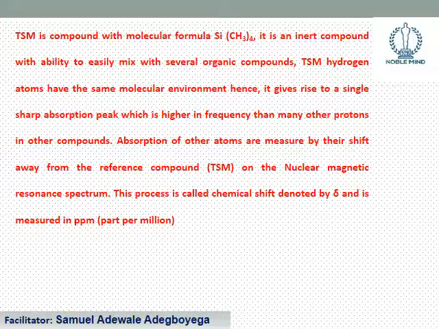Absorption of other atoms are now measured and compared to the reference compound, that is, their shift away from the reference compound on the spectrum, and the process is called chemical shift. You have that symbol and it's measured in parts per million.